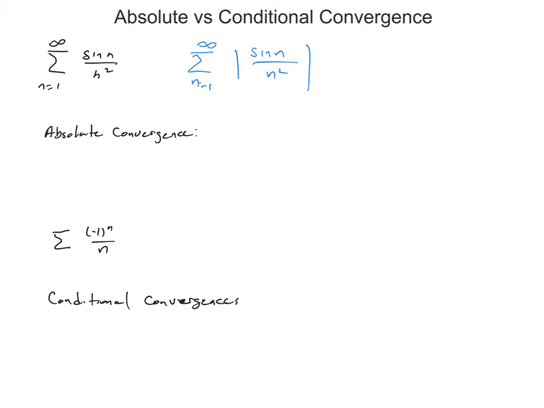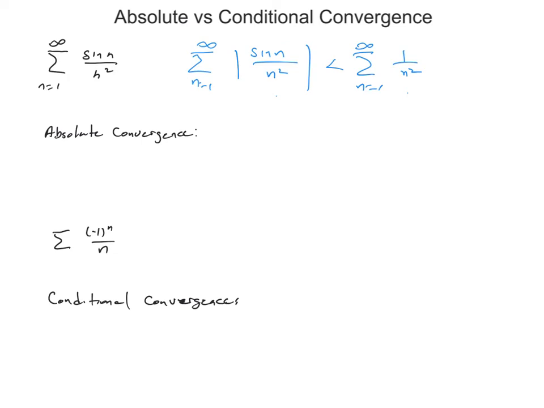And therefore, I know that this series is going to be less than the series n equals 1 to infinity of 1 over n squared, which is a convergent p-series. And so because I know this converges, I know this converges.